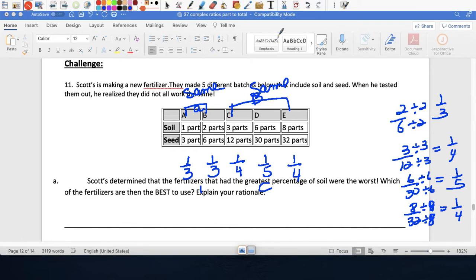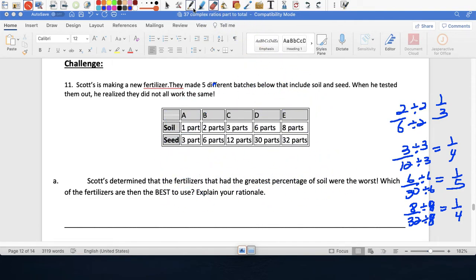This is 1/3. This is 1/3. This was 1/4. This was 1/5, and this was 1/4. So Scott is saying that the fertilizer that has the greatest amount of soil is the worst. Which of these fertilizers is the best to use?